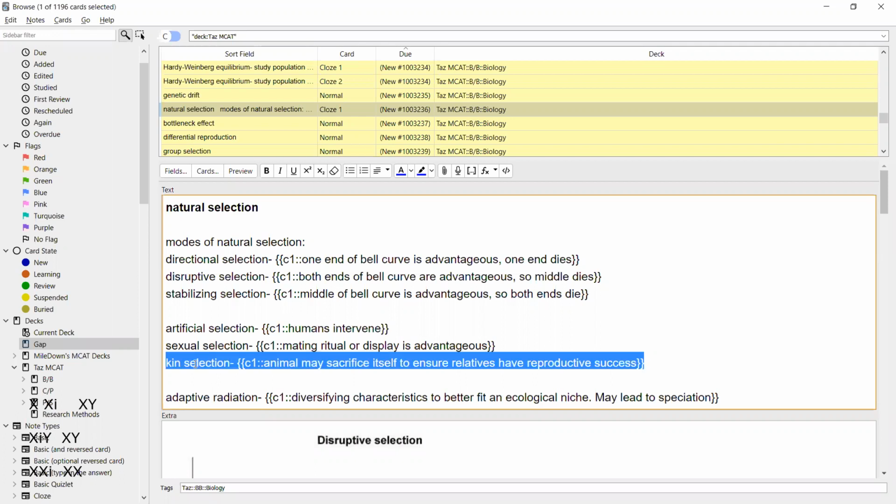Kin selection. This is really interesting. This is related to altruism and stuff like that. So here's an interesting thing, right? Let's say a monkey is with a group of monkeys, and the monkey sees that a lion is on the prowl and it wants to eat them, and the lion is going to ambush them.